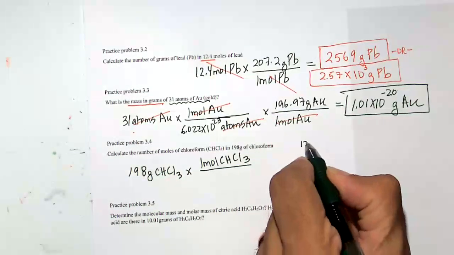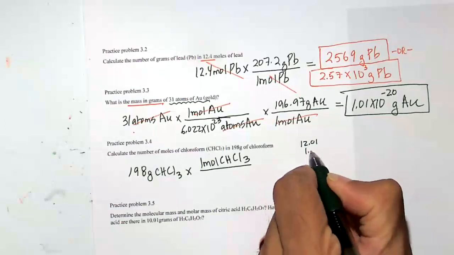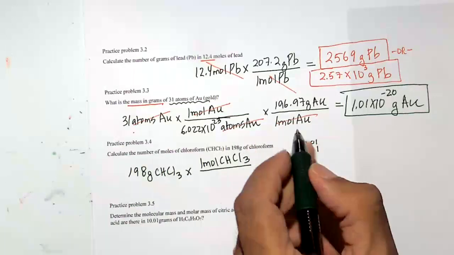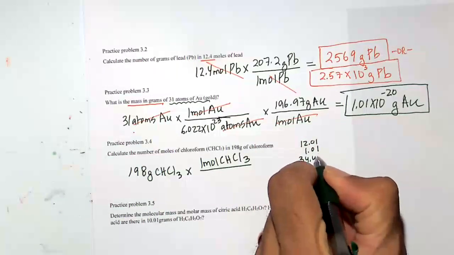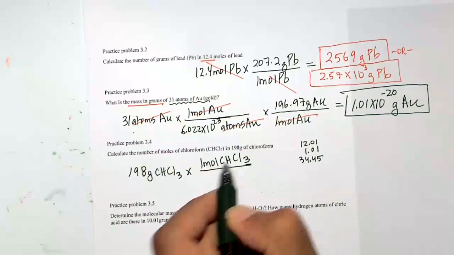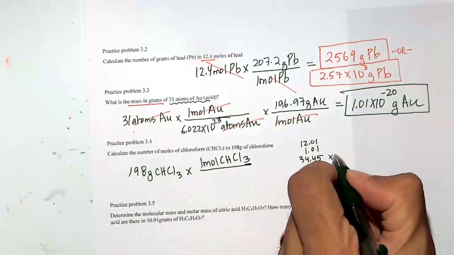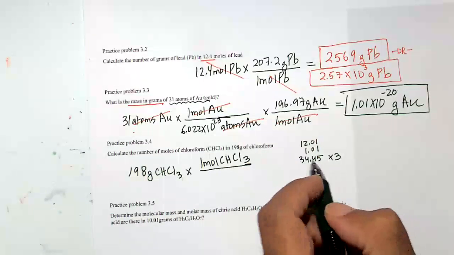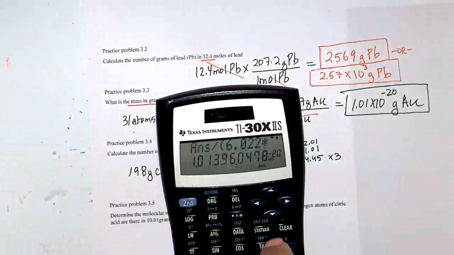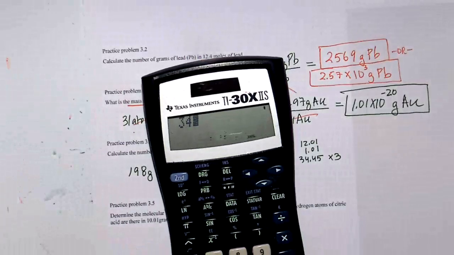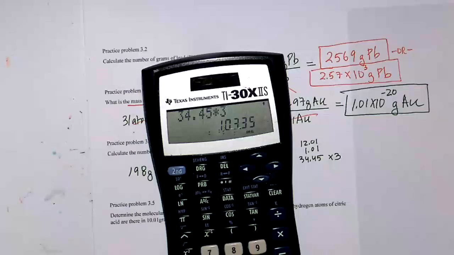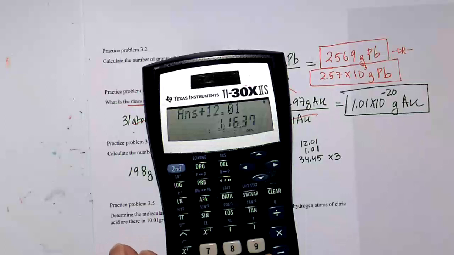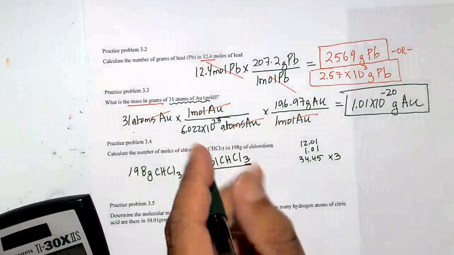Carbon is about 12.01, hydrogen is about 1.01, chlorine, let me check that really quickly, 35.45. What do we need to do with that 35.45 of chlorine? Times 3. Okay, so 12.01 plus 1.01 plus 35.45 times 3. About 116.37.